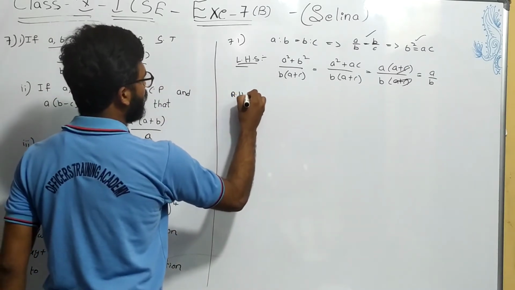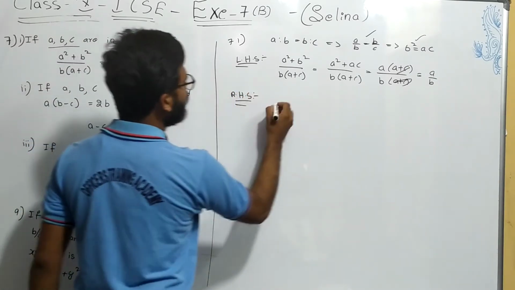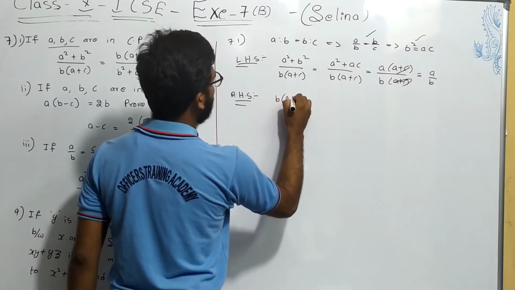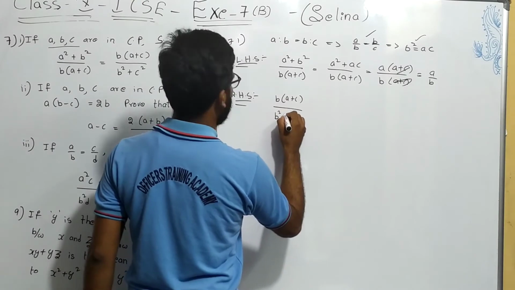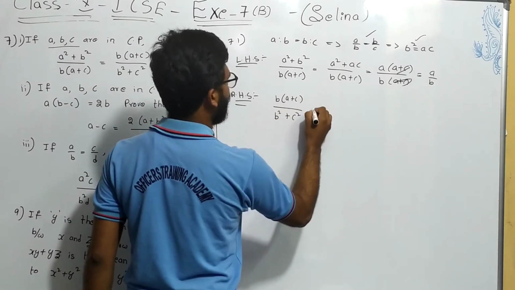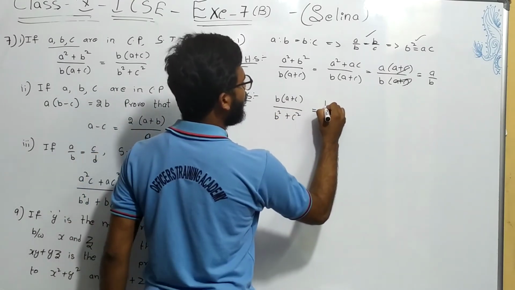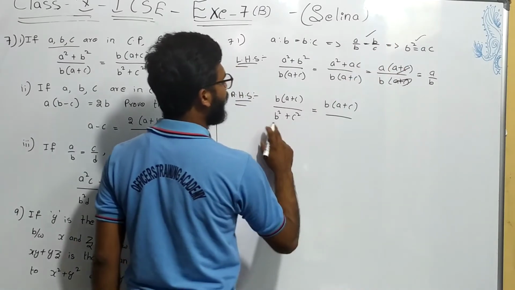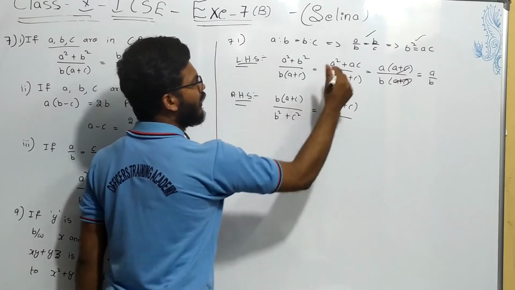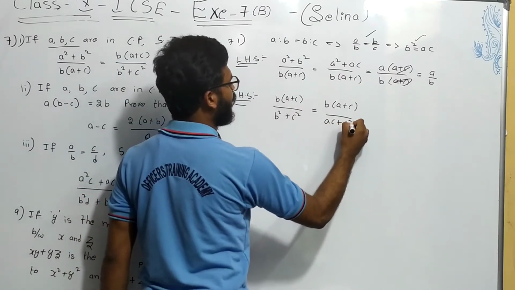So RHS is B into A plus C by B square plus C square. Now, what is B square? I am writing B square is equal to AC, right? So AC plus C square.